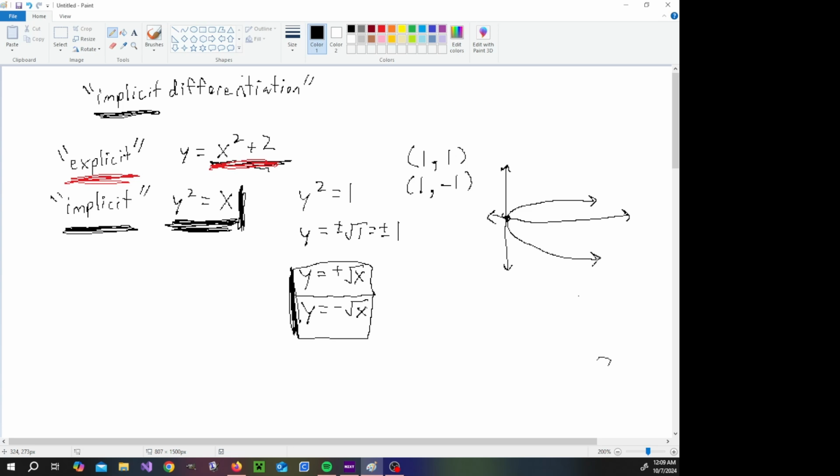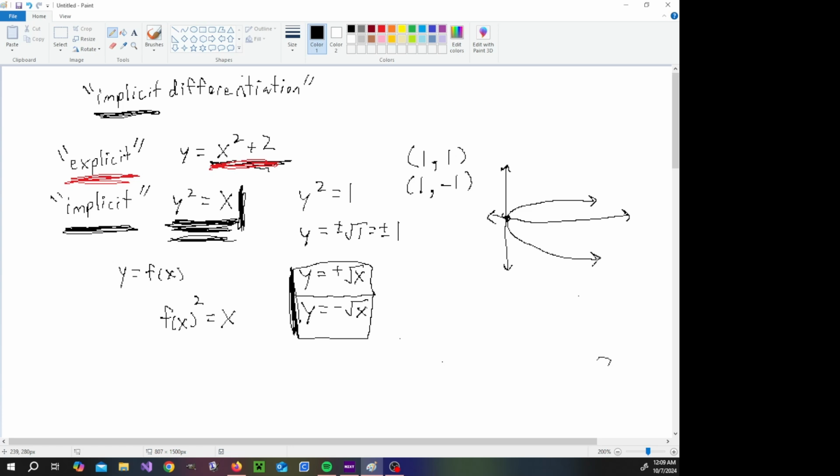The trick here is, if I want to take the derivative of this expression that I already have written down, I need to recognize that y is supposed to be a function of x. So we write y, but we can also write f of x. Another way to write this relationship is some function squared is equal to x.